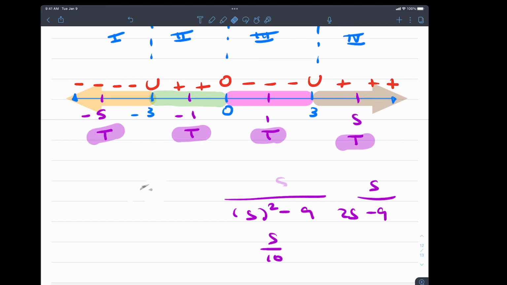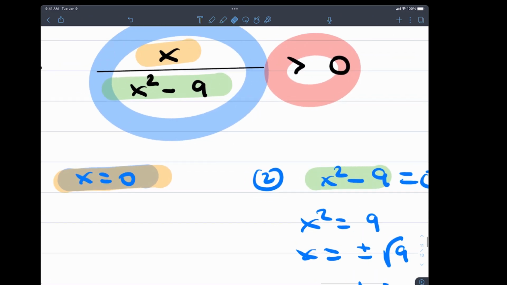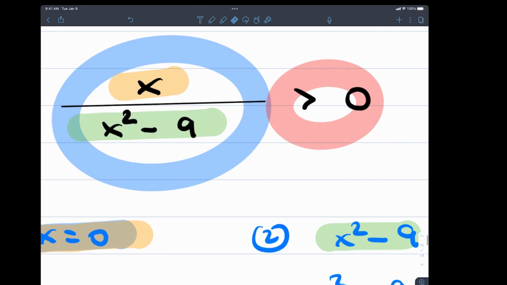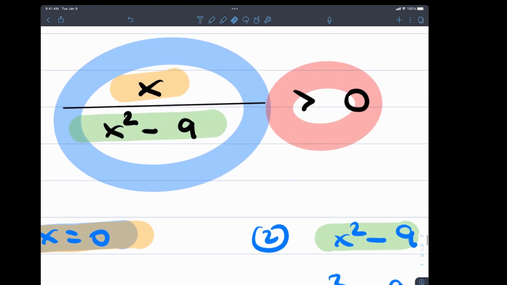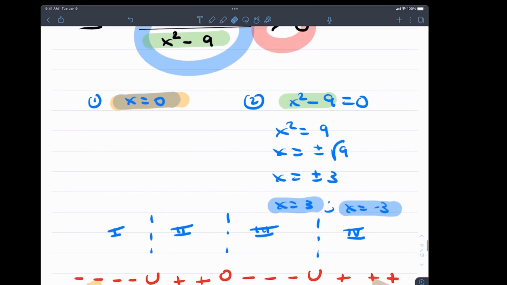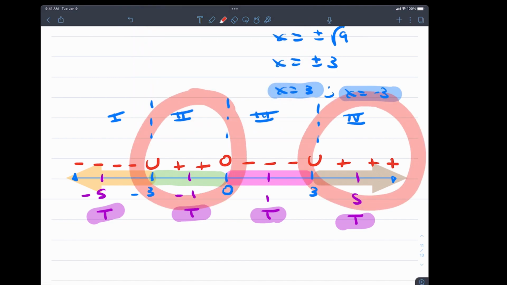So, ladies and gentlemen, you get all the signs here. Now, what do they want to know? Where's the fraction strictly greater than 0? Where's the fraction what? Positive. Regions what? 2. Region 4.